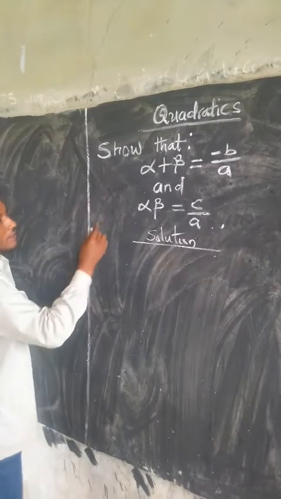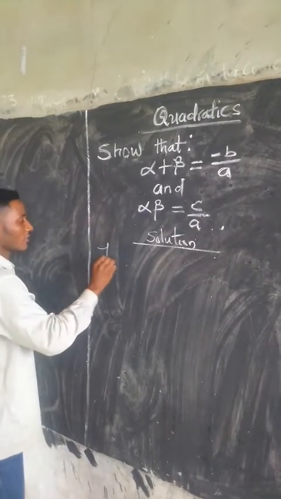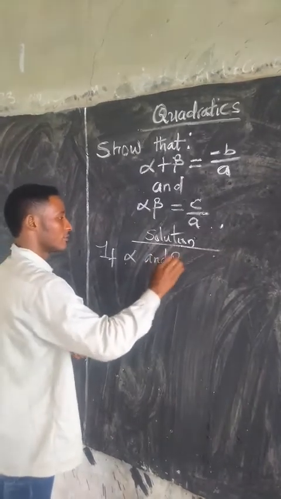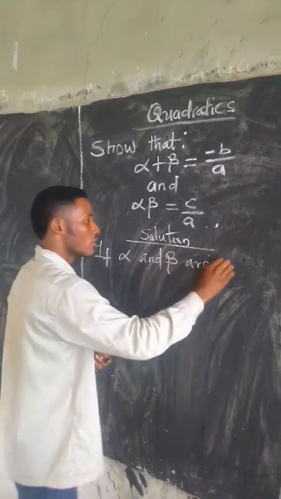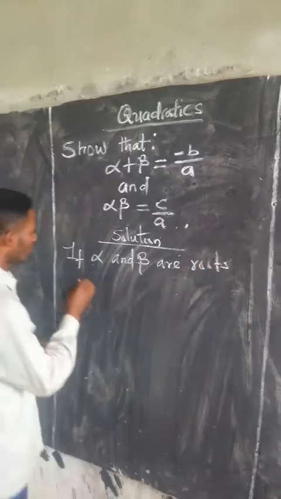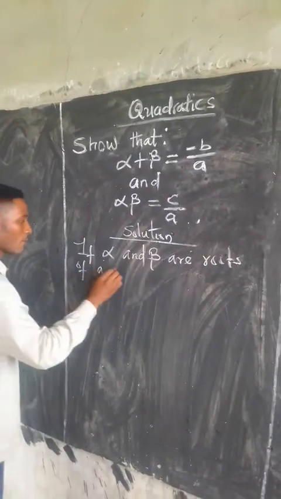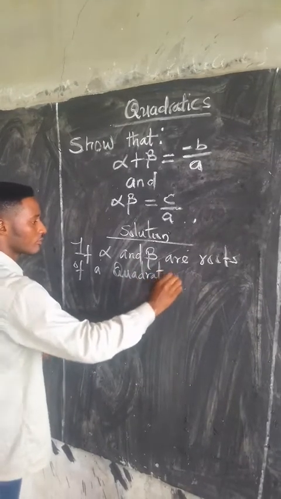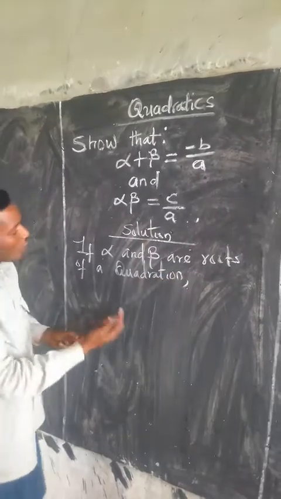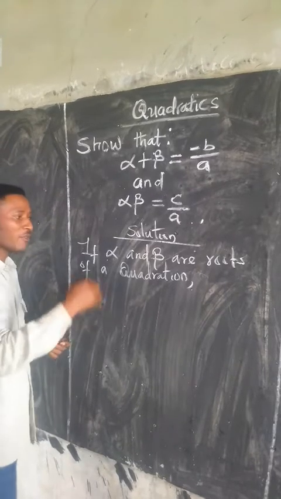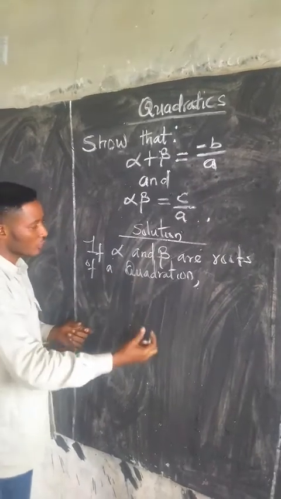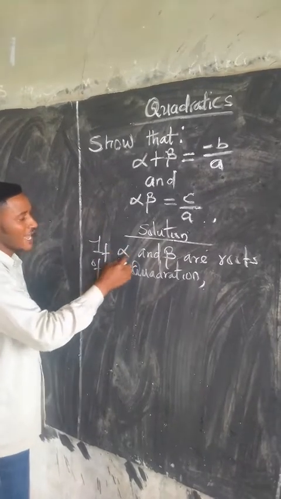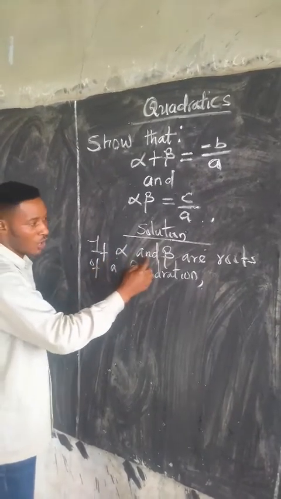Now, if alpha and beta are roots of a quadratic equation, it holds that the independent variable of that quadratic equation is equal to either alpha or beta.